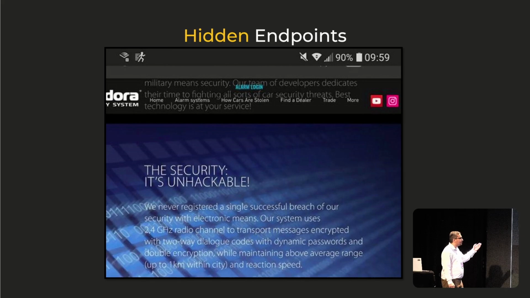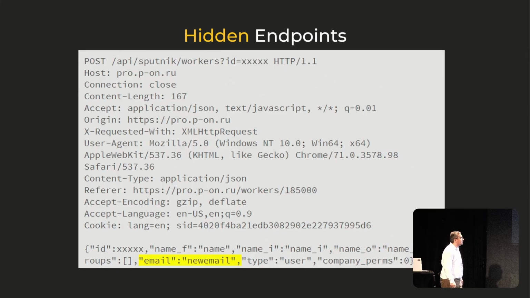First is Pandora. Again, if you're a developer, never ever say you're unhackable. No one is unhackable. If they say it's unhackable, it attracts a lot of people that you don't want to attract. So, in their JavaScript, I could see that there was an API Sputnik workers ID.